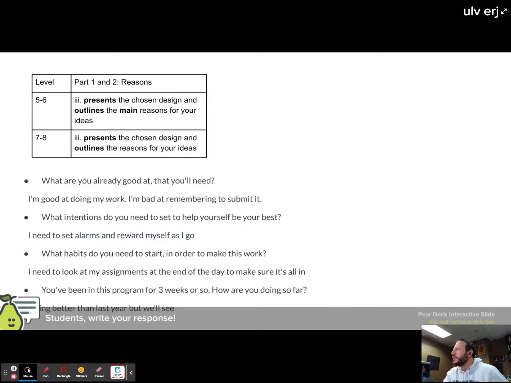All right, I'm seeing some great stuff. So somebody's talking about getting up early and ready for the day, eating more breakfast. So that's a specific part of a routine in the morning. We're hitting. Setting more alarms as I go. Yes, that's specific as well. It's not just like I got to remember stuff, but I need several alarms that I need to set up. Good.